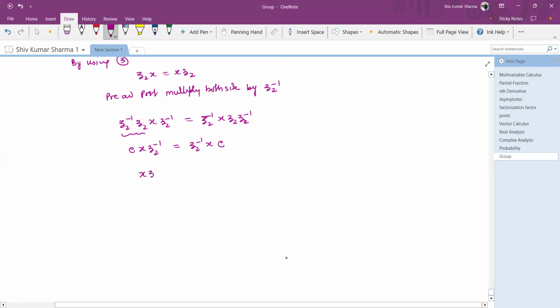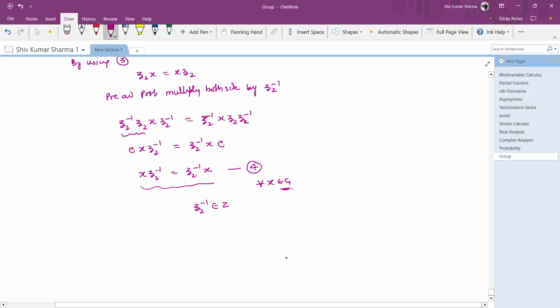So x into z2 inverse equal to z2 inverse into x. We take this as equation number 4, for every x belongs to G. So when x belongs to G, it is clear by the definition of center of a group that this z2 inverse also belongs to Z.